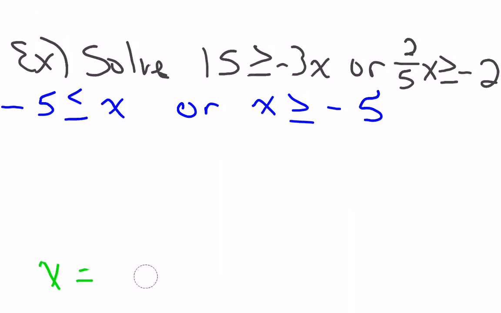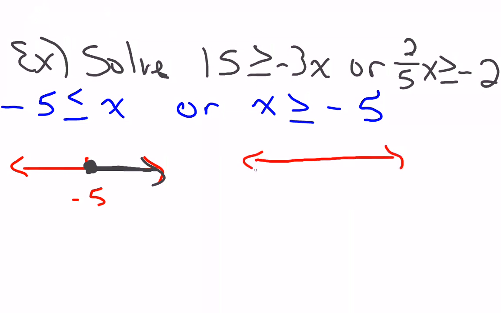Sometimes it's easier to see what our solution is if we put this on a number line. If we were to put this on a number line, here's negative 5. X is greater than or equal to negative 5. When we have greater than or equal to, it's going to be a solid circle, and greater than, we're going to go this direction. Let's do the same thing with the other answer.